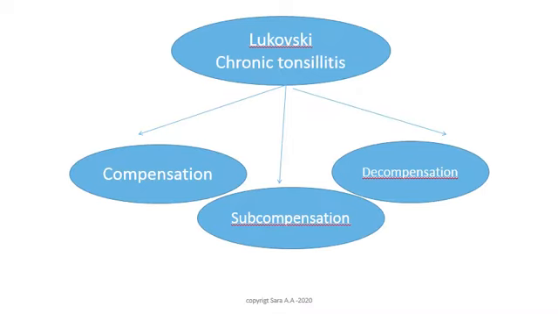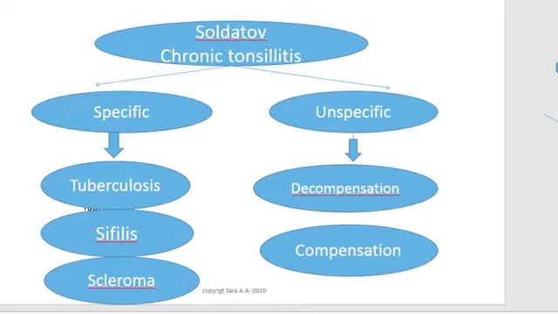Lukovsky's classification divides it into compensation, subcompensation, and decompensation stages. In that classification, it is divided into specific and unspecific. Specific, for example, tuberculosis, syphilis, scleroma, all of this.